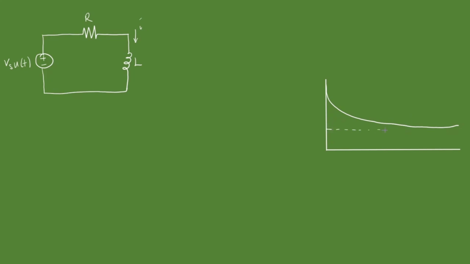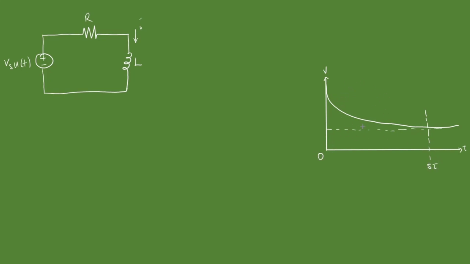These are the two major parts of our response. So this is the current, this is time, and if we divide this into two, we're going to see two major parts. Let's call this 5 time constants, and this is 0.